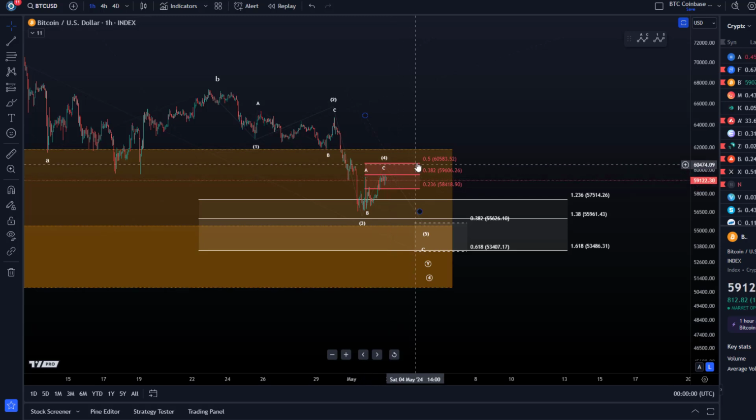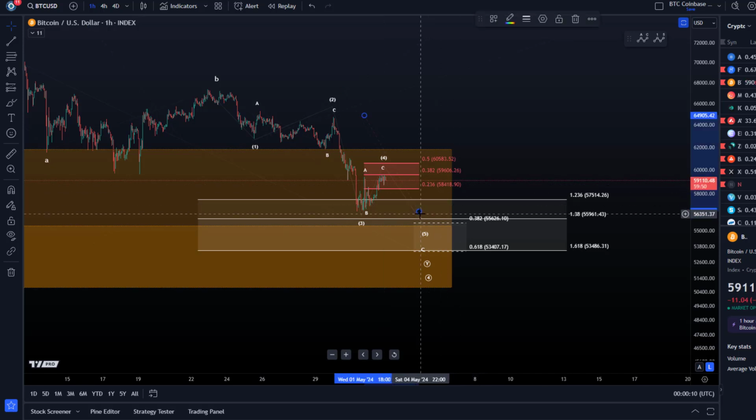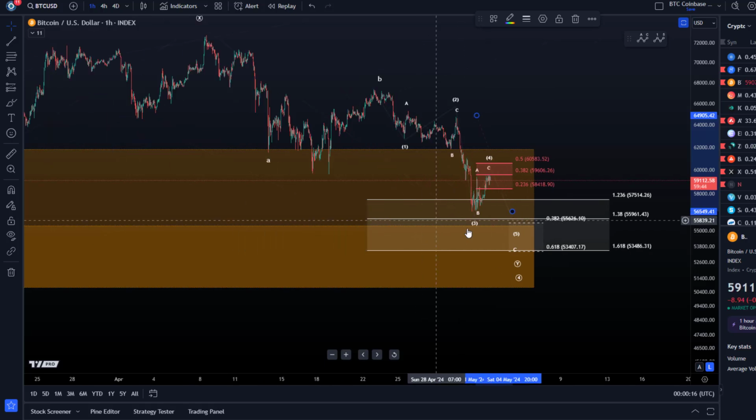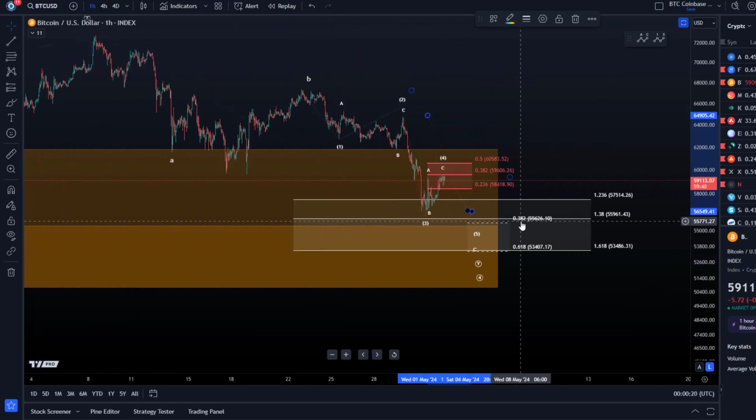And if we get one more low, which we should do, especially as long as this is only a corrective rally and as long as we stay below the 50% retracement level there, then after one more low, I will readjust the resistance area. So, let's just say we come down to, I don't know, 55.5K, which is the 38.2 retracement, very close to the 38.2 extension of waves 1 and 3 together.